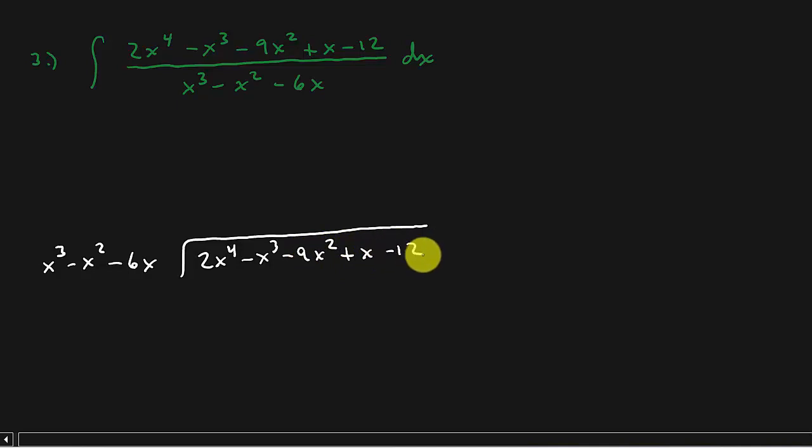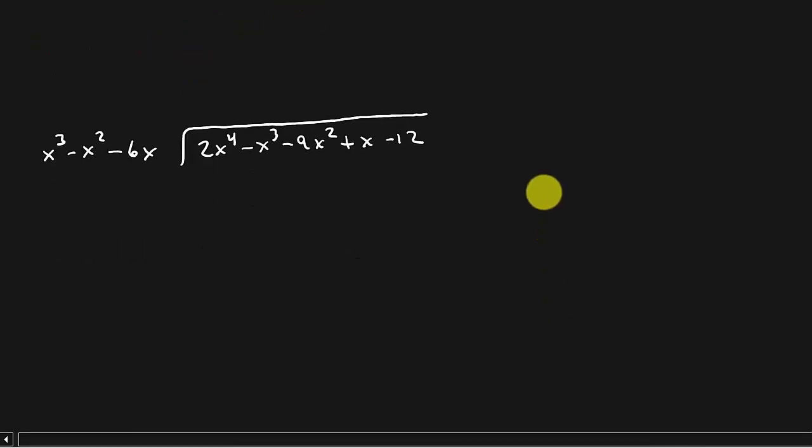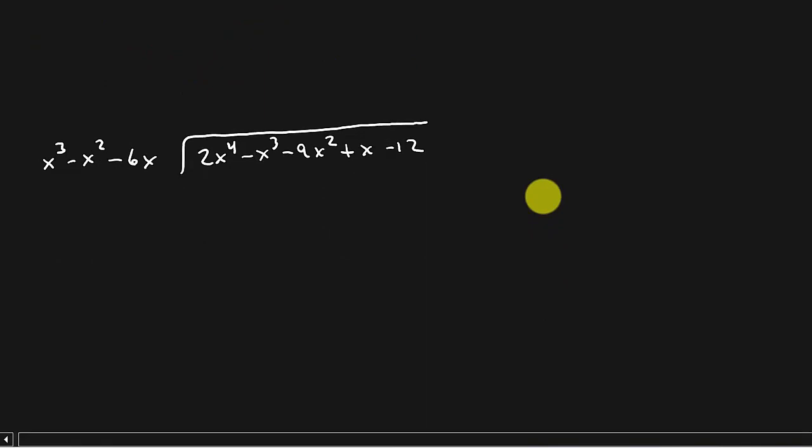All right, so I'm going to go through this kind of quick. Long division, you should be able to pick up on it or understand how to do it. If not, after this, just go to my channel, search for long division polynomials, and I have a video explaining how to do it. So the way we do long division, we look at the x cubed.